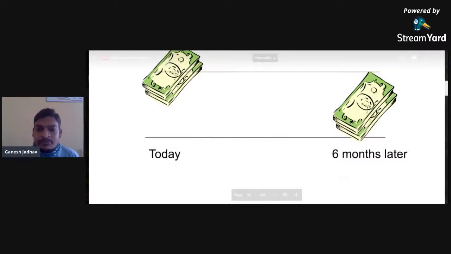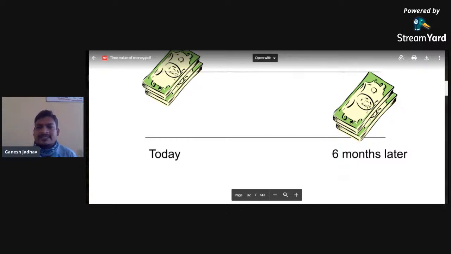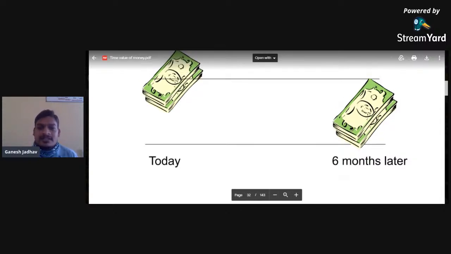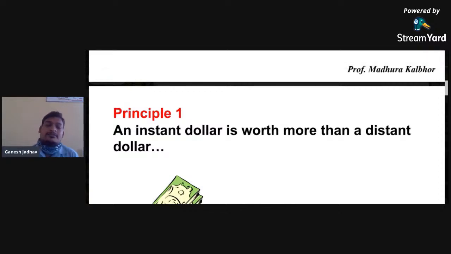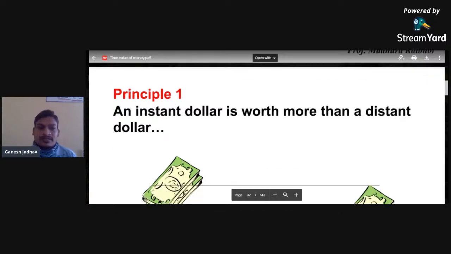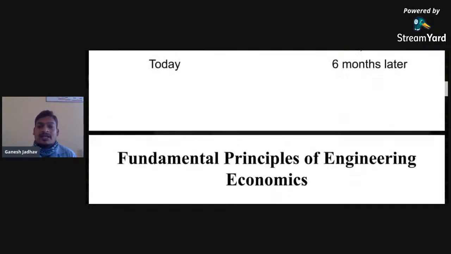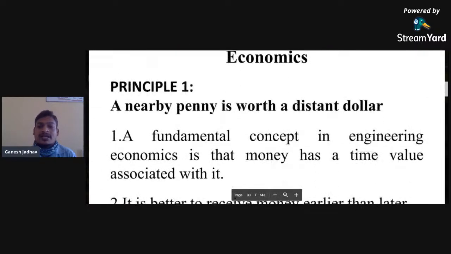After 6 months, or 6 months later, automatically there is a decrease in the value of that particular dollar. So the principle is: a nearby penny is worth a distant dollar.